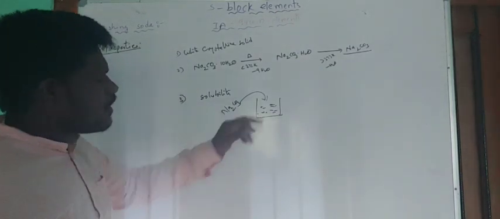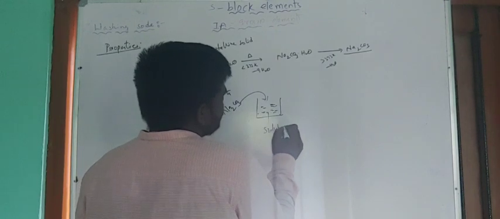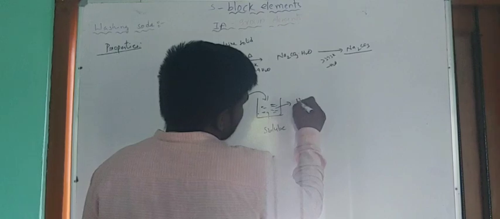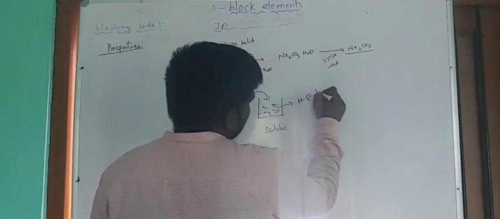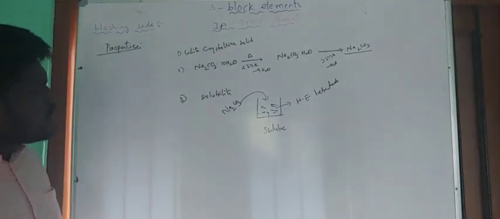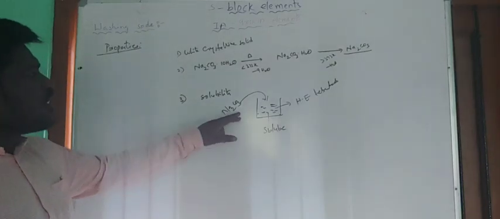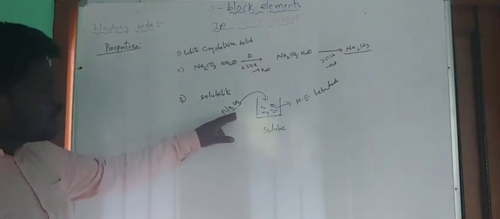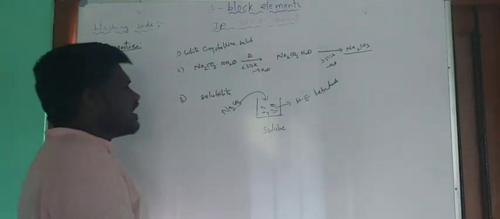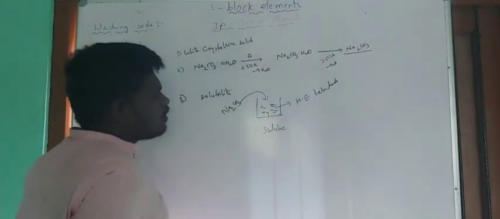When you add it to water, it is soluble, and a lot of heat energy is also liberated. So you can say that this is an exothermic process, because on dissolution of Na2CO3, heat energy is liberated. Whatever it is, it is soluble in water.